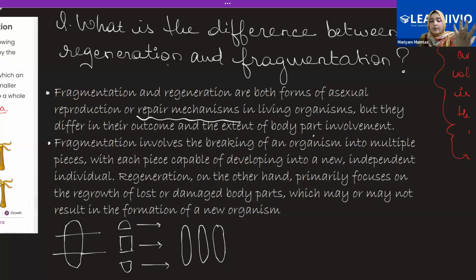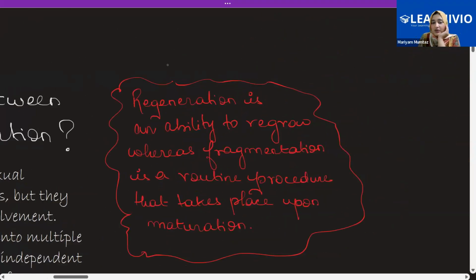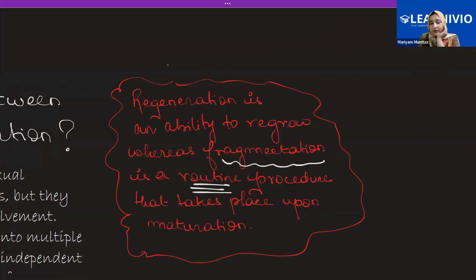Regeneration is like a property wherein regrowth happens, which may or may not result in a new organism. Like in the case of planaria, it forms a new organism. But in the case of lizard, it doesn't. But in fragmentation, always new organisms are being formed. So regeneration is the ability to regrow, whereas fragmentation is a routine procedure.